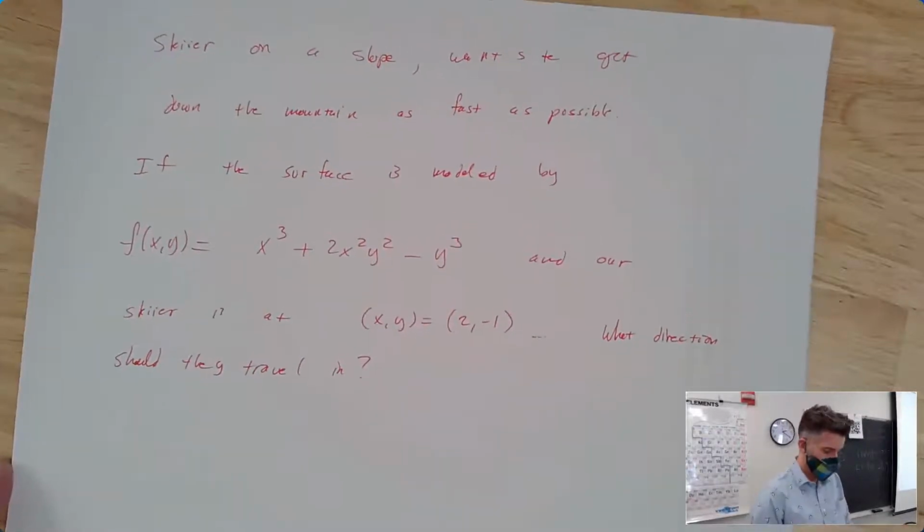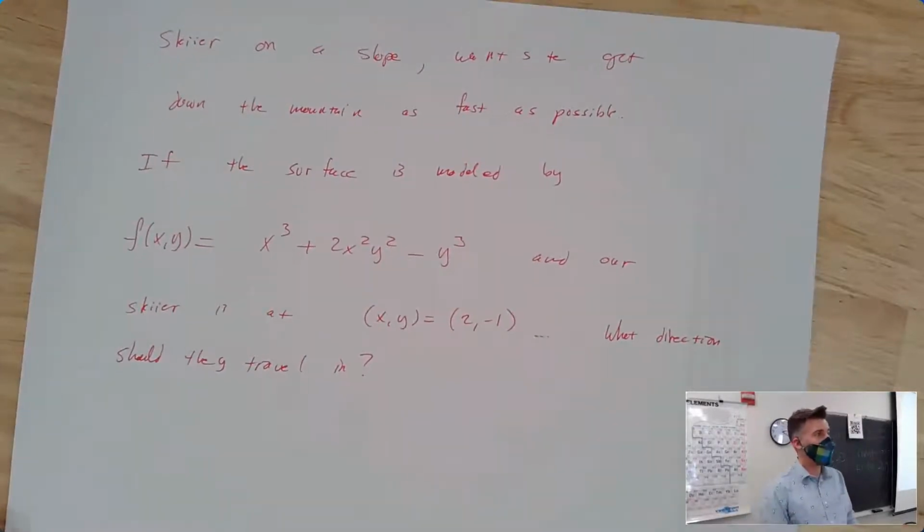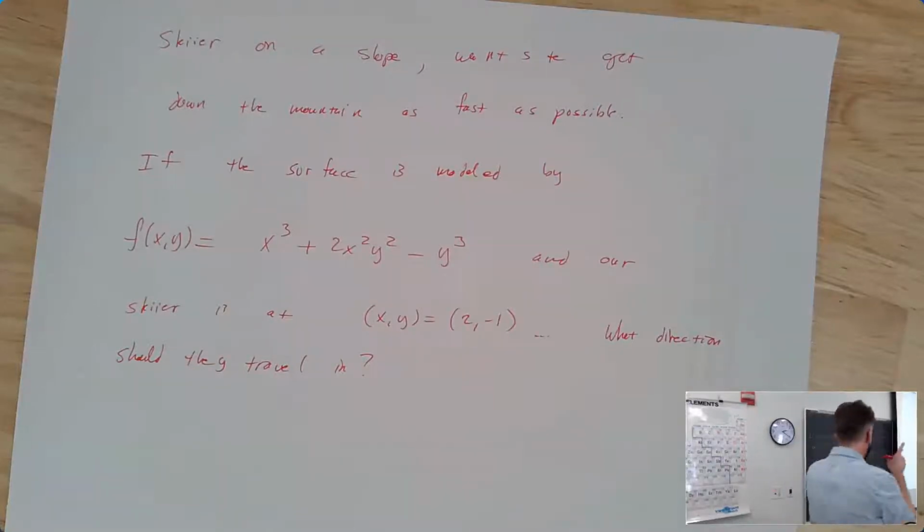All right, so if I wanted to climb as quickly as possible, which would be hard, right? On skis, climbing as quickly as possible is hard. You don't usually want to go up the steepest direction. But if you did want to go up as fast as possible, you go in the direction of the gradient. So if you want to go down as fast as possible, turn around.